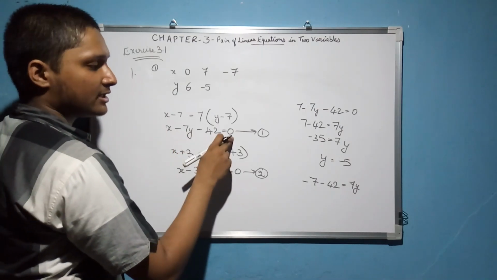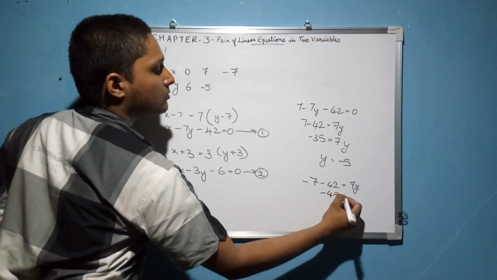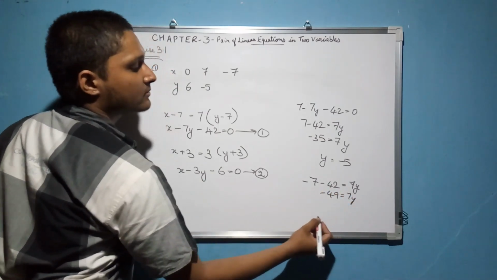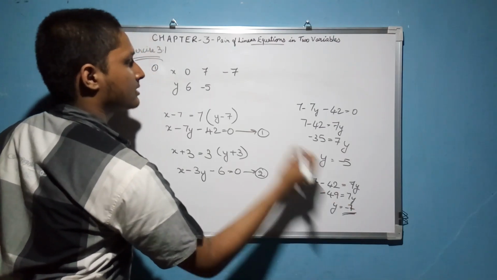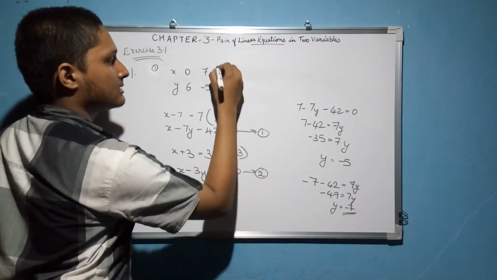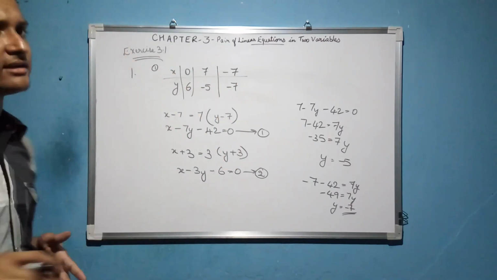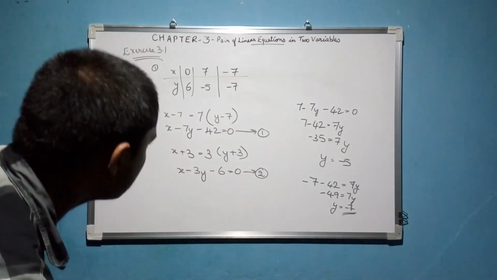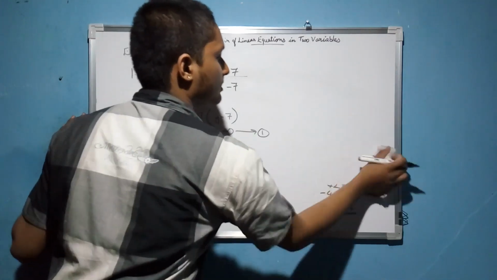This is just all about rearranging. I am going to take 7y to the right hand side. So this is minus 49 is equal to 7y. Okay, so y is minus 7. So this is minus 7. You are going to get these 3 points and just directly draw the graph. I'm not going to draw the graph here. It's very simple. I have also taught in the previous chapter.